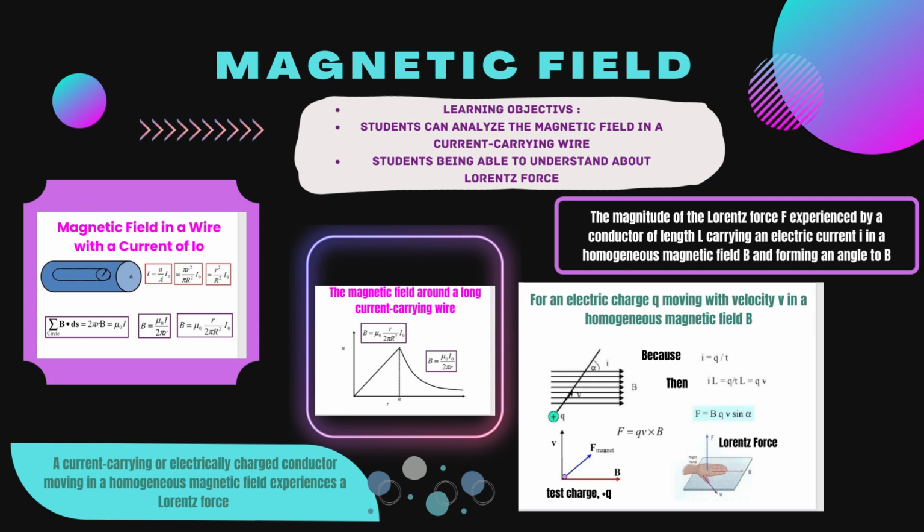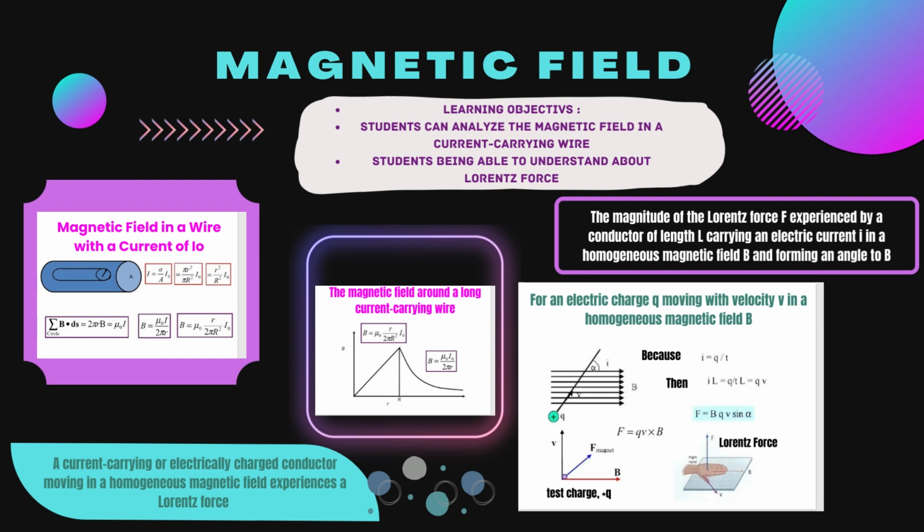The magnitude of the Lorentz force F experienced by a conductor of length L carrying an electric current I in a homogeneous magnetic field B, forming an angle to B. For an electric charge Q moving with velocity V in a homogeneous magnetic field B, from the picture we can get I equals Q over T. Then I times L equals Q over T times L equals Q times V. So we get the formula F equals Q times V times B for a positive test charge Q from the graph.